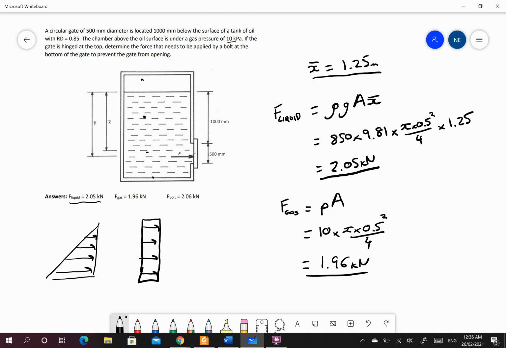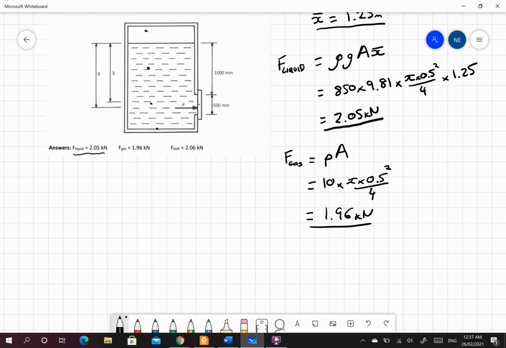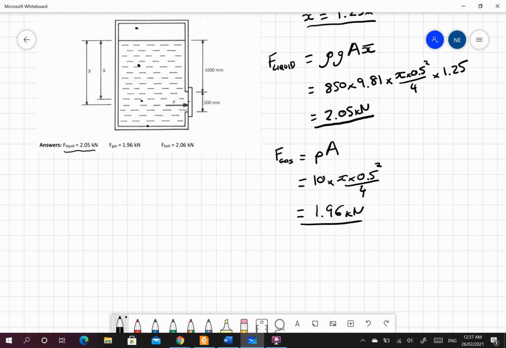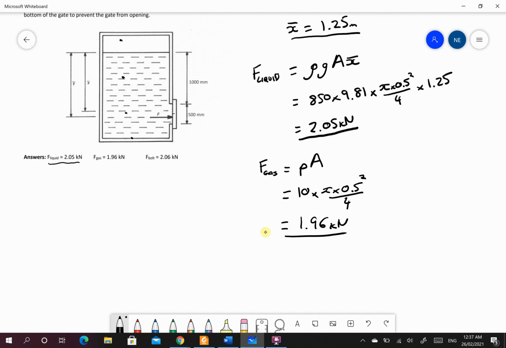So that's our force in the liquid and the force in the gas. Now, what I need to do is work out the force in the bolt. To do that, I need to calculate a few things. We've got force in the liquid, force in the gas. The force in the gas, sorry, I'll redraw these again. The force in the gas is like this.